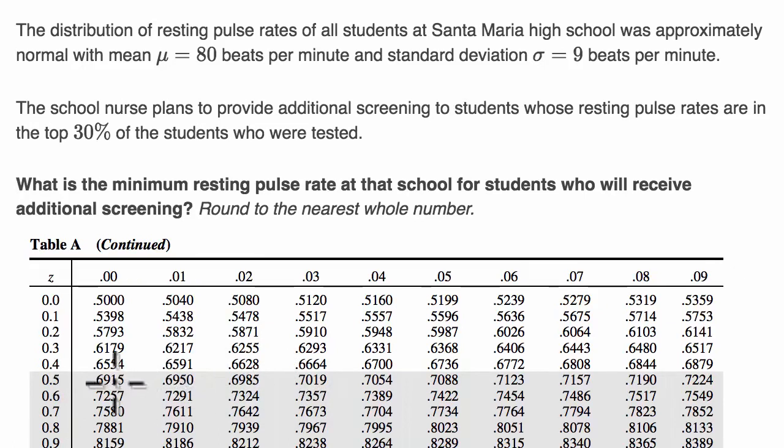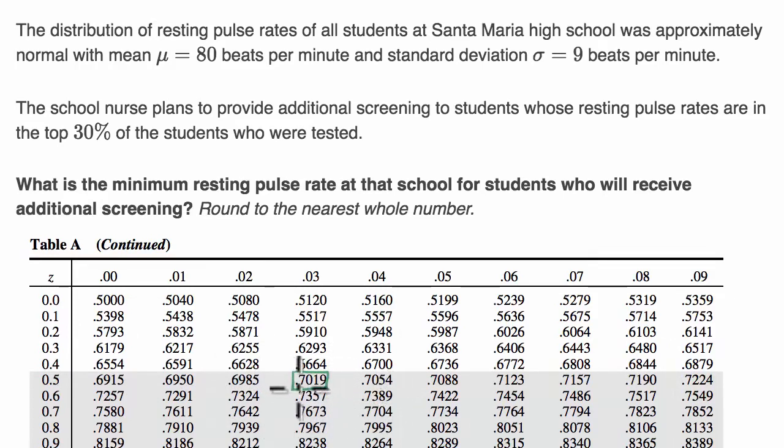So immediately when we look at this, we are to the right of the mean, and so we're going to have a positive z-score. We're starting at 50% here. We definitely want to get to 67%, 68, 69. We're getting close. And on our table, this is the lowest z-score that gets us across that 70% threshold.